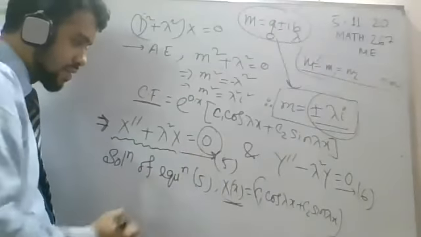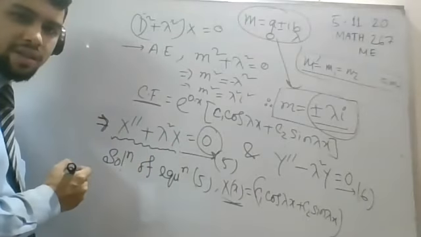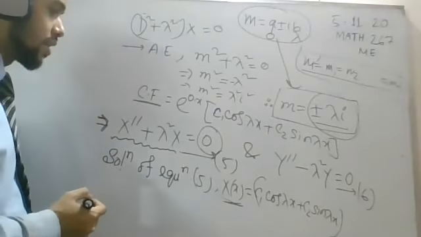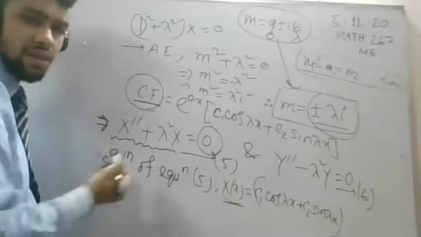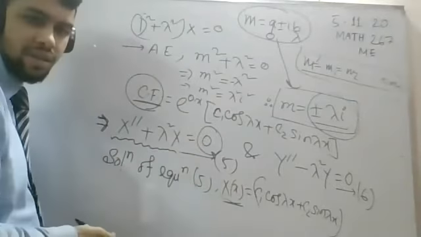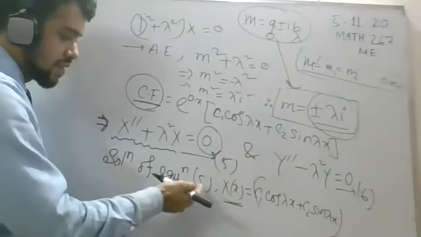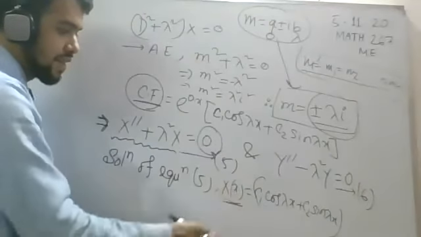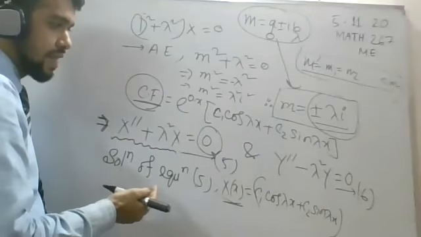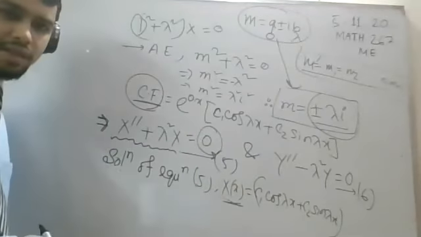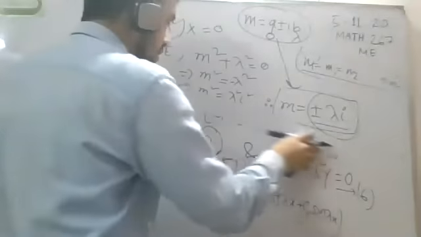So for a homogeneous differential equation, the particular integral will be 0. Okay, so here is no particular integral. So the complementary function is the general solution of your given equation. Okay, so you can write the solution of this equation 5 will be X equals C1 cos lambda x plus C2 sin lambda x. Okay, so this is your general solution.